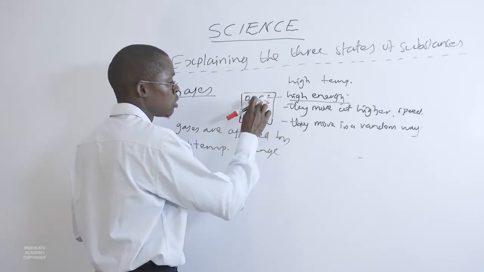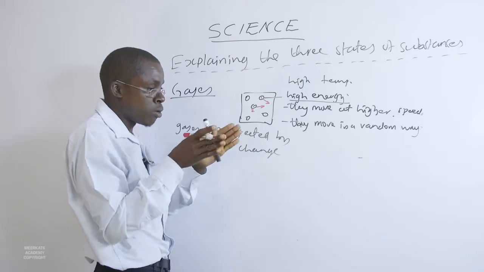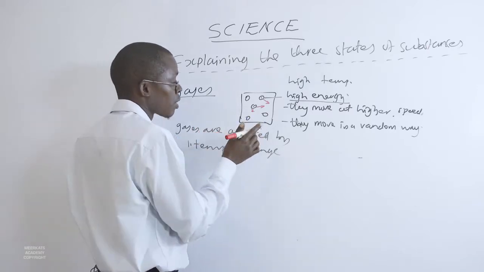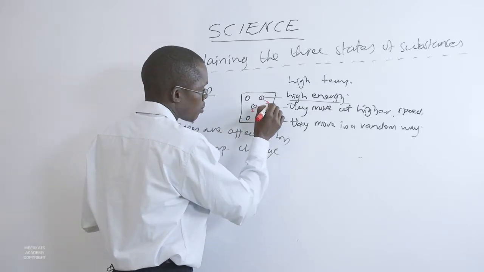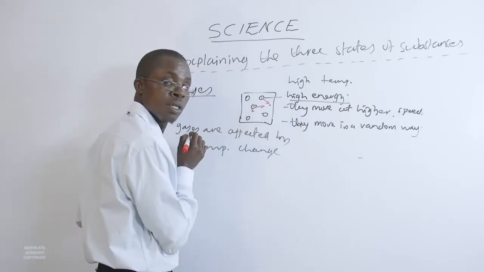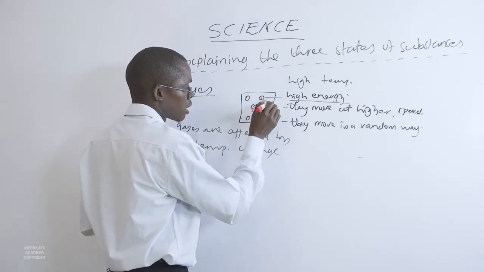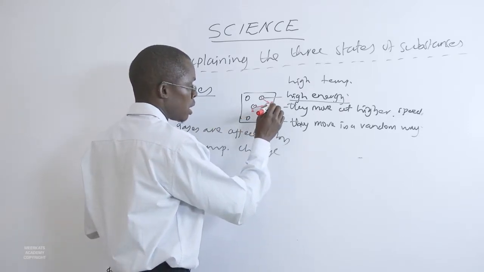One is the two will hit each other. That's not a collision because they are almost moving in the same direction. Maybe they hit each other, and when they hit each other at this point, particle 1 may easily take this other direction, and particle 2 will take this other direction.